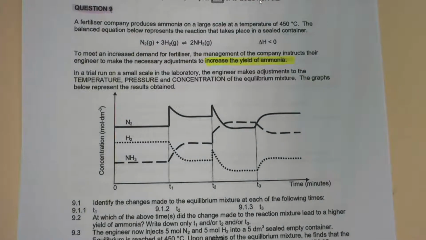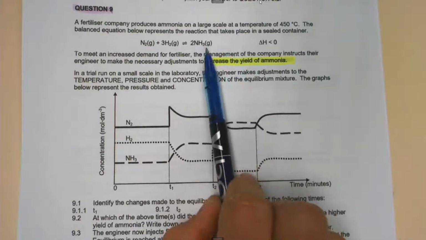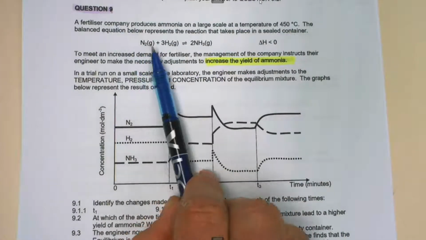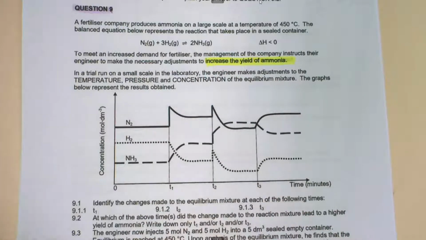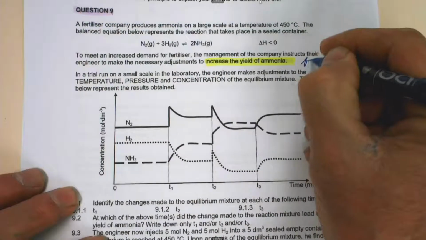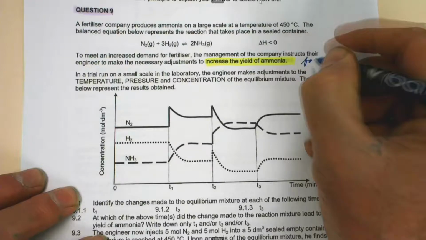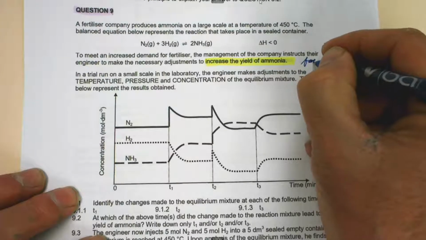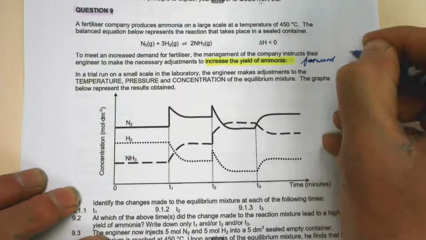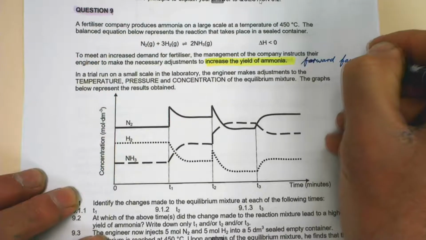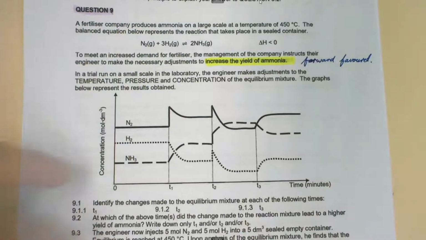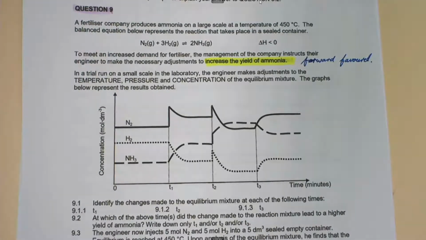So if I want to increase the yield, I need to favor the forward reaction. Then I will get a higher yield or a higher concentration of ammonia there. If I can increase the yield of ammonia, it must be done by the forward reaction being favored.